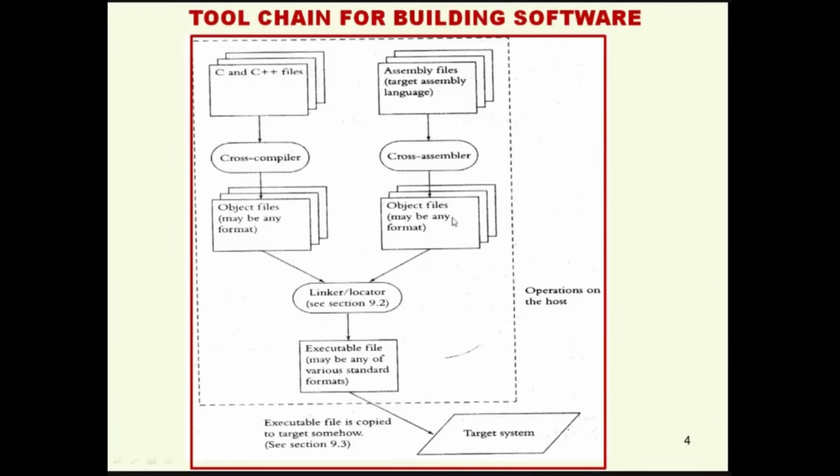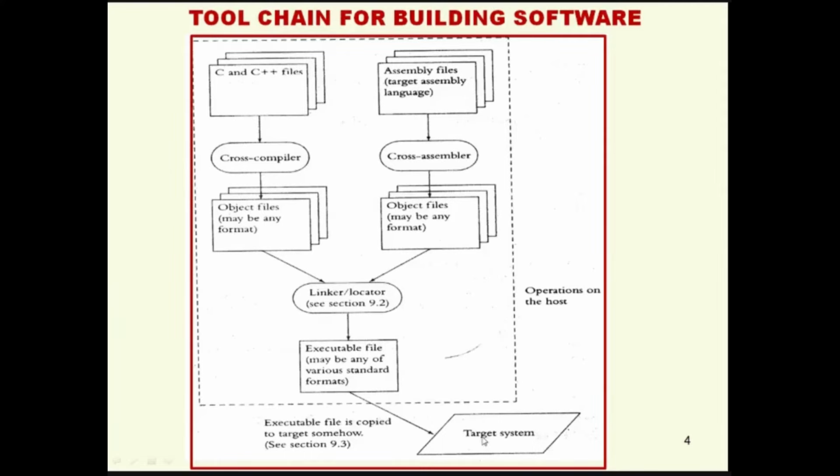The output of the cross assembler is an input of the linker. Similarly, the output of the cross compiler is the input of the linker. So one tool's output is input to the other tool, hence it is called a tool chain. These object files are linked together and produce an executable file. The linker produces an executable file which is available in the PC, which is called the host machine. This executable file must be downloaded into the target machine's program memory.